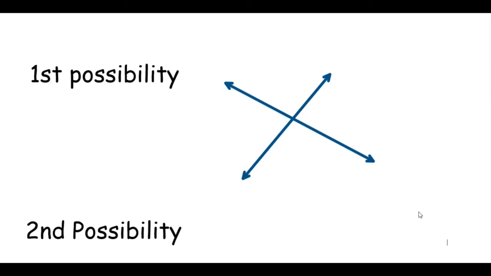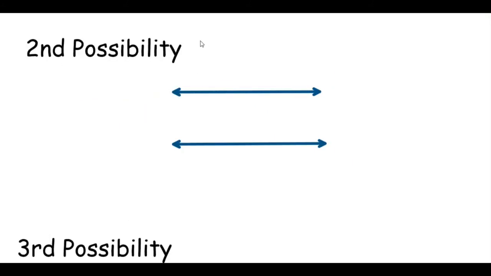There are three possibilities for how these two straight lines will look on the graph. The first possibility is that the two lines may intersect at a single point.